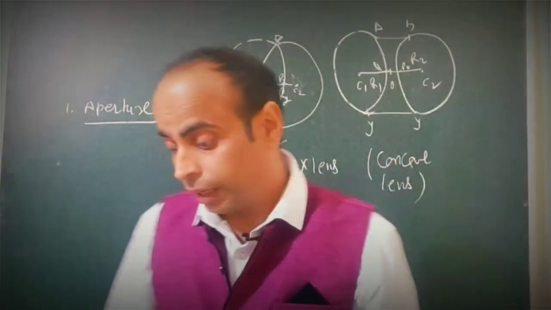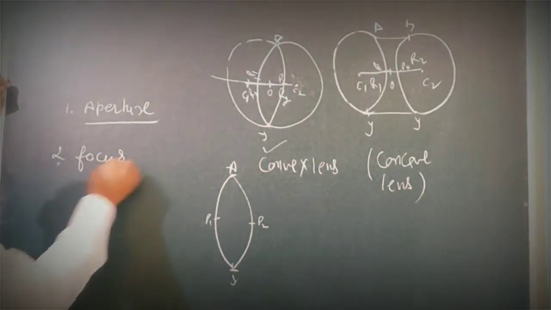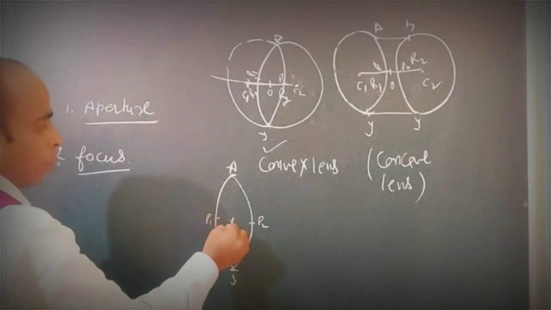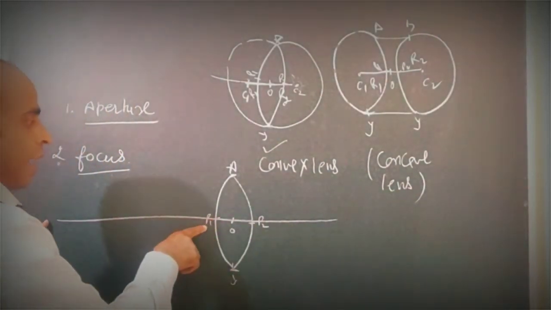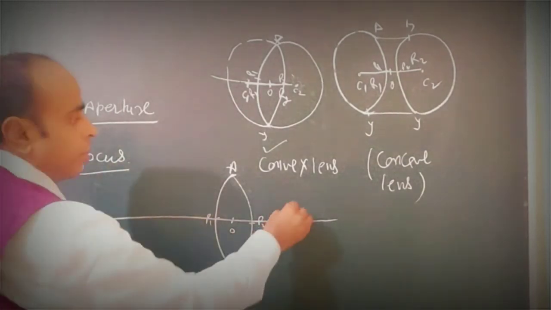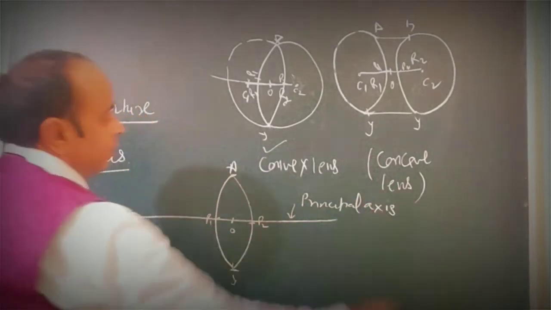And the second term which I want to explain is focus. What do you mean by focus? This is your optical center, and a line which passes through the optical center and pole is termed as the principal axis.